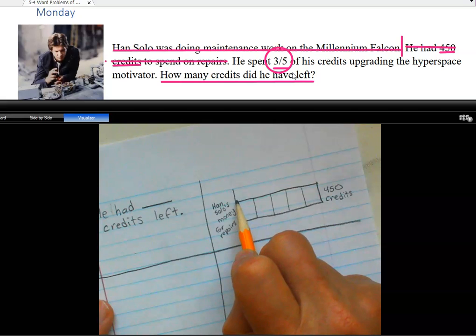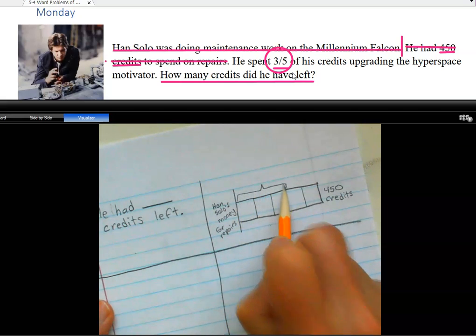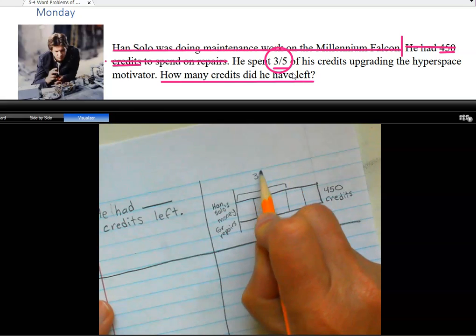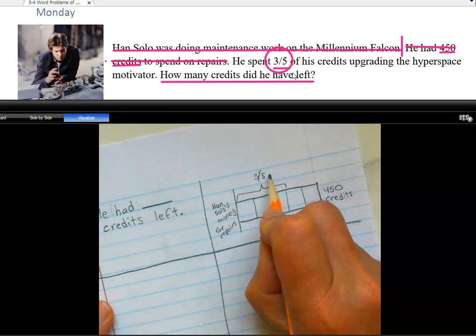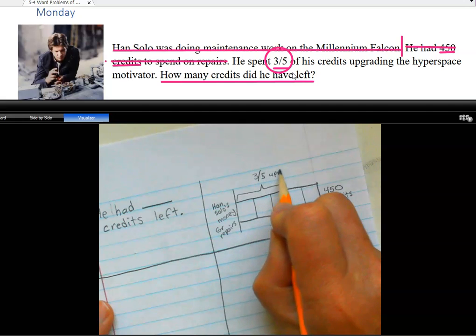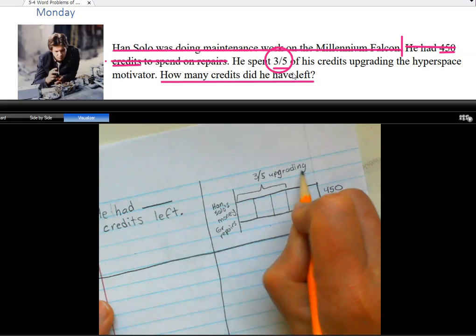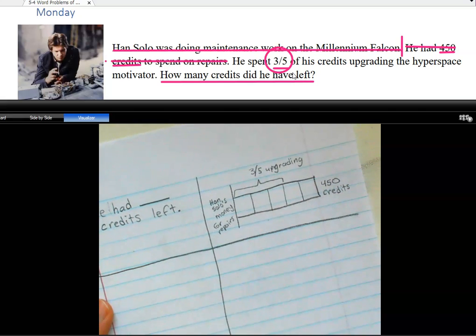So I'm going to highlight 3 of these fifths, and I'll say 3/5 upgrading. So he spent 3/5 of his money upgrading the hyperspace motivator.